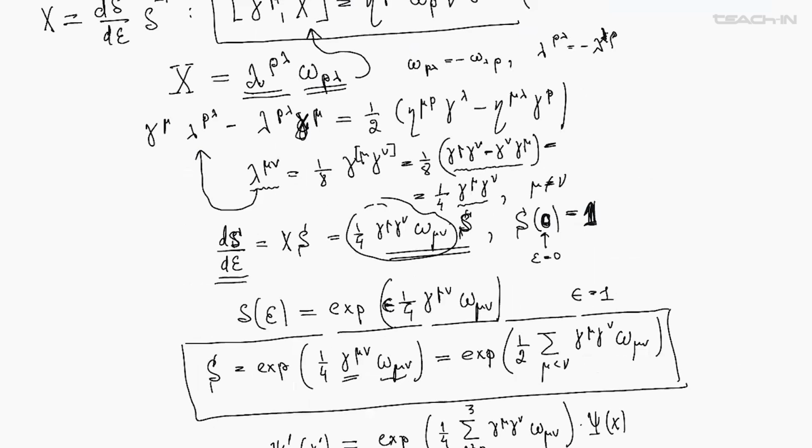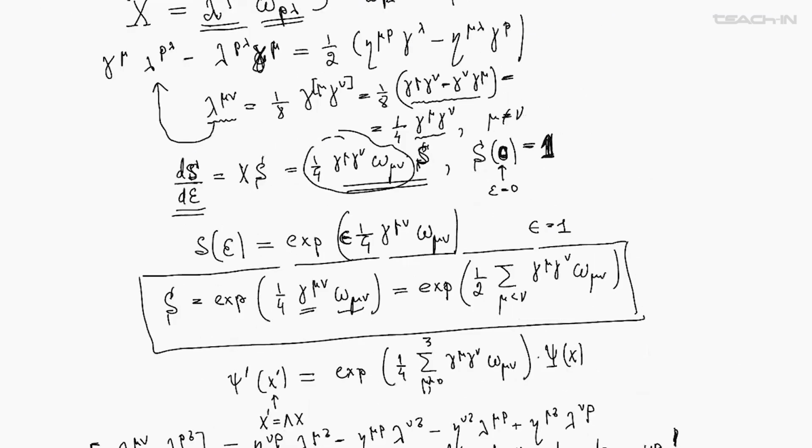And if you have a Lorentz transformation, say given by this matrix lambda mu nu, then we know that this transformation is constructed with the help of the infinitesimal generators omega mu nu, which are skew symmetric.